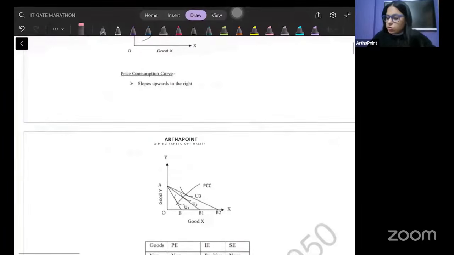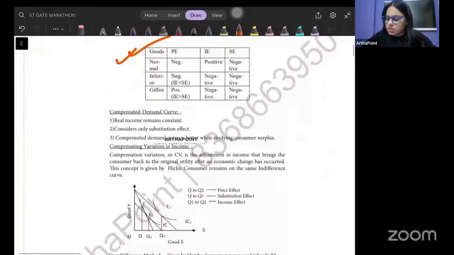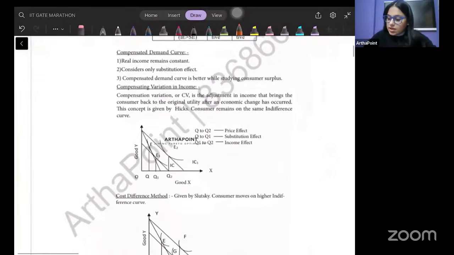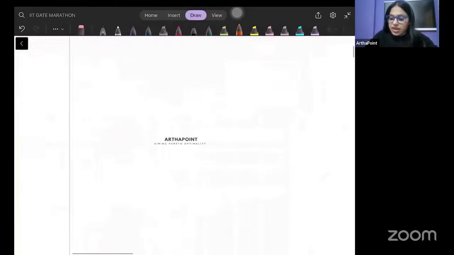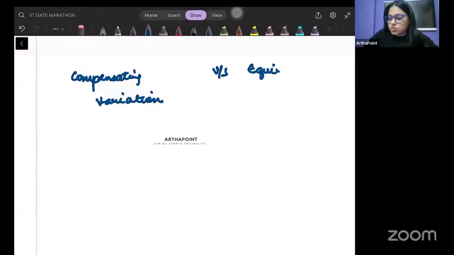Okay. Now this box I have explained to you last time, so I'm not repeating it. Just go through it. Now this is very, very important, and I have given you a numerical on this also. This is compensating variation versus equivalent variation.